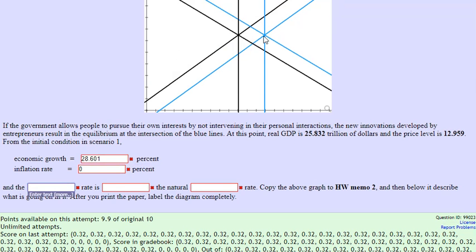At the new equilibrium, because short-run aggregate supply, long-run aggregate supply, and this new aggregate demand curve all meet at the same point, the unemployment rate is equal to the natural unemployment rate.